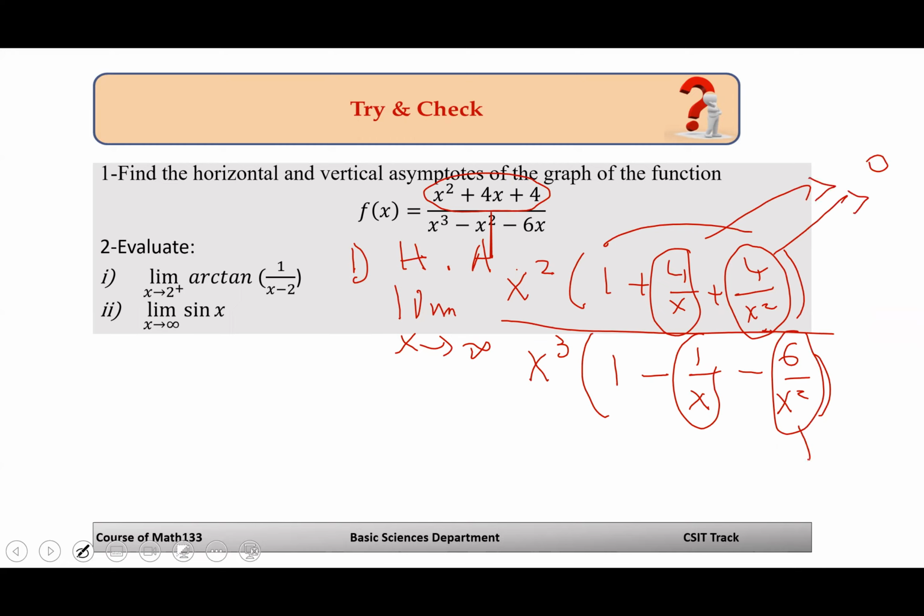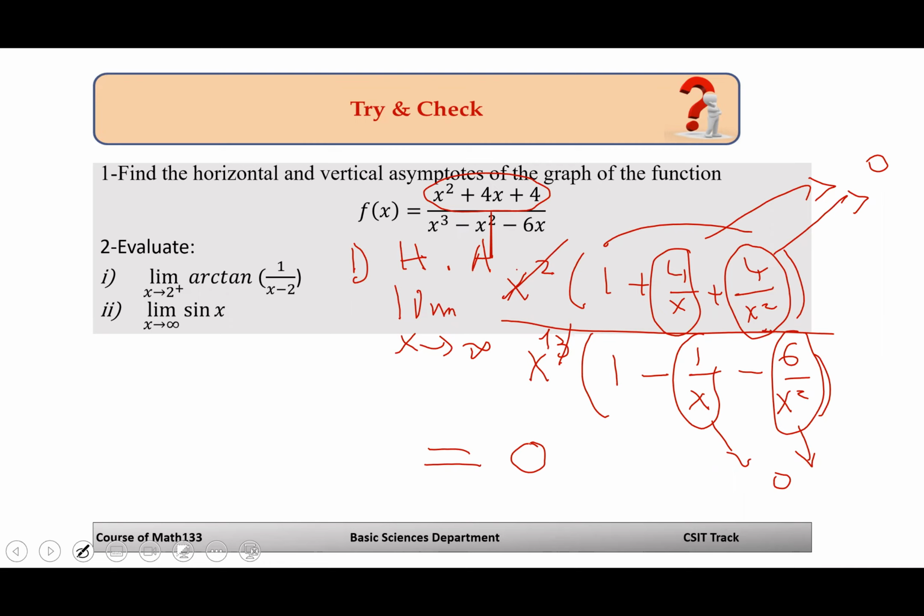Okay. And here there is simplification of x squared with x cubed. So it will be power 1 here. And the result will be like limit of 1 over x when x approaches infinity. This is equal to 0. Okay, so clearly y equal to 0 is a horizontal asymptote.